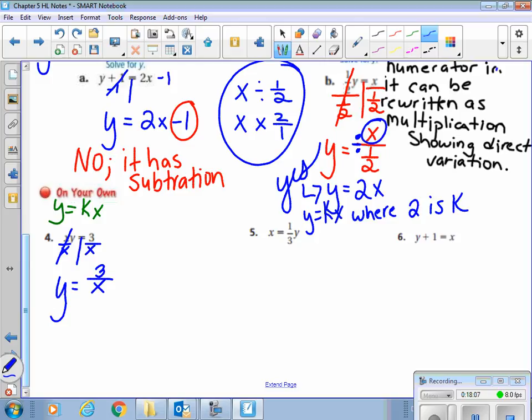Is x my numerator here in number 4? No, x is my denominator. So just to prove that x has to be the numerator, watch what happens when I try to rewrite that as multiplication. That says 3 divided by x. If I want to change that to multiplication, it becomes 3 times the reciprocal of x, which would be 1 over x. So that's like saying 3 times 1 over x.